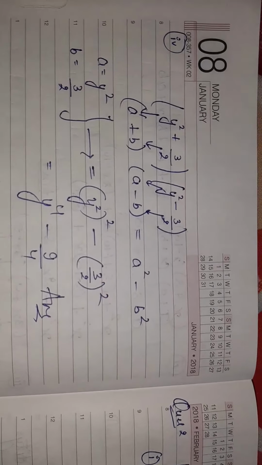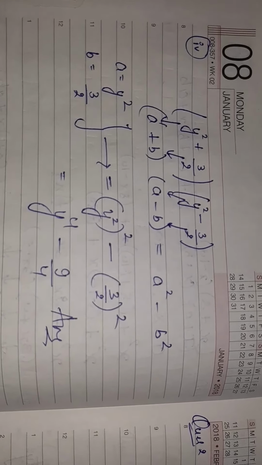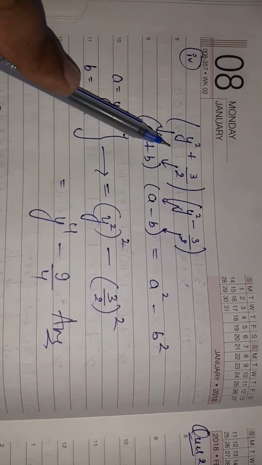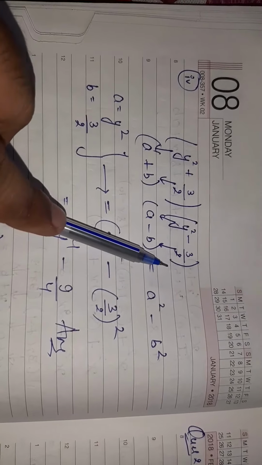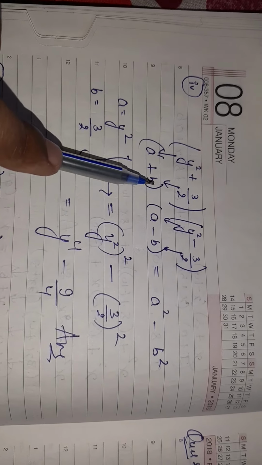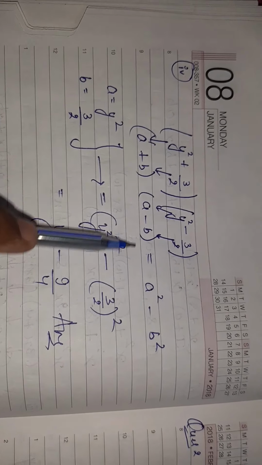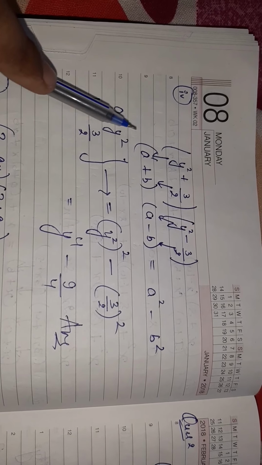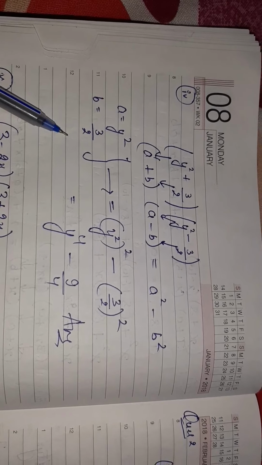See the fourth part. I am giving you all the solutions because you should know how to do each and every part. (y square plus 3 by 2)(y square minus 3 by 2). There is an identity, (a + b)(a − b) is a square minus b square. Here a is y square and b is 3 by 2.